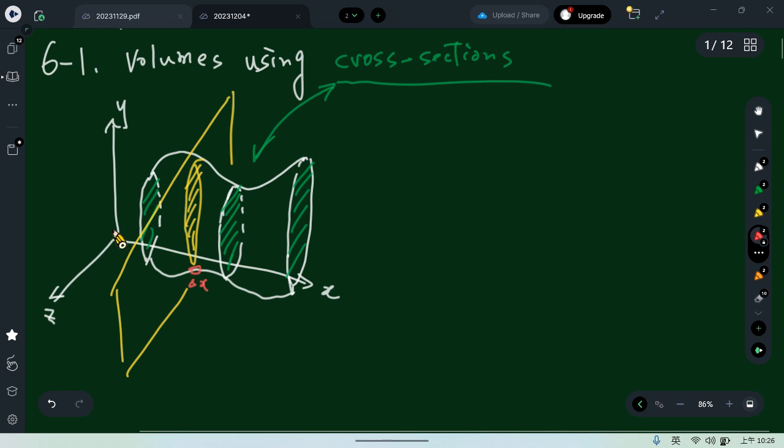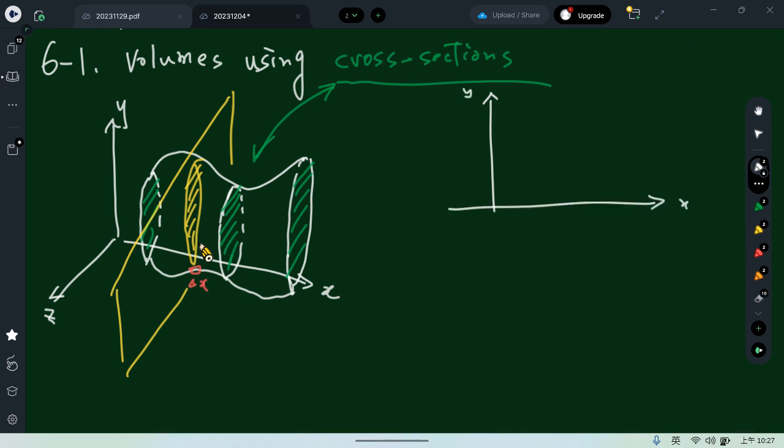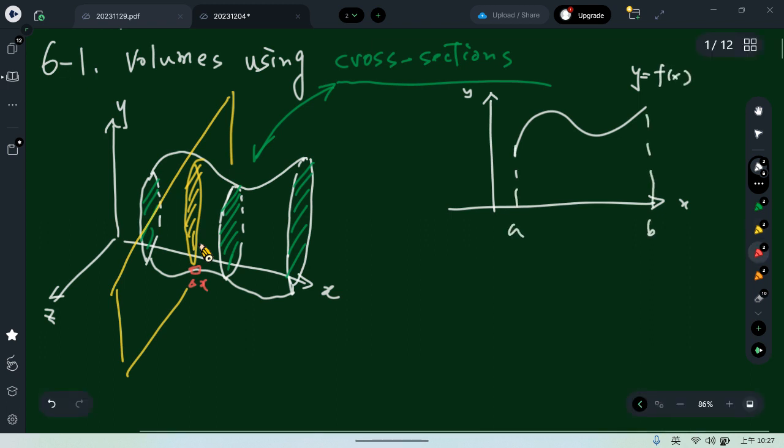Okay, so actually we just extend the Riemann sum to a 3D object. In the past, maybe we just applied Riemann sum to a 2D area, right? In the past, we just faced a 2D problem. y is equal to f of x, from a to b, then we can just divide it into many pieces.